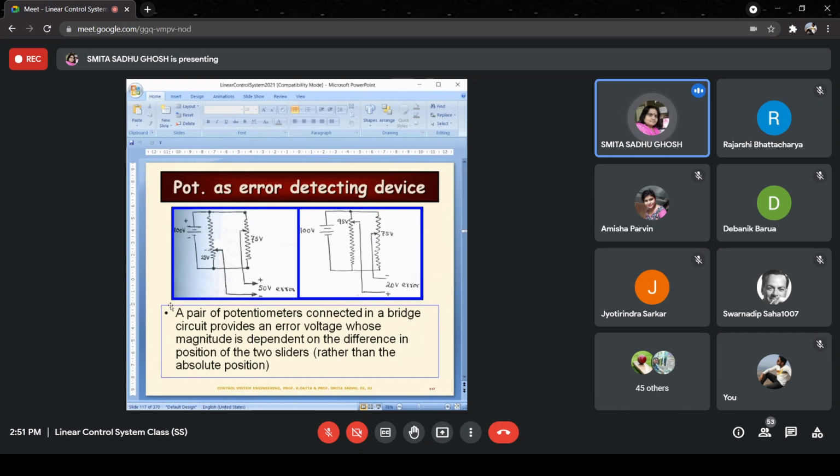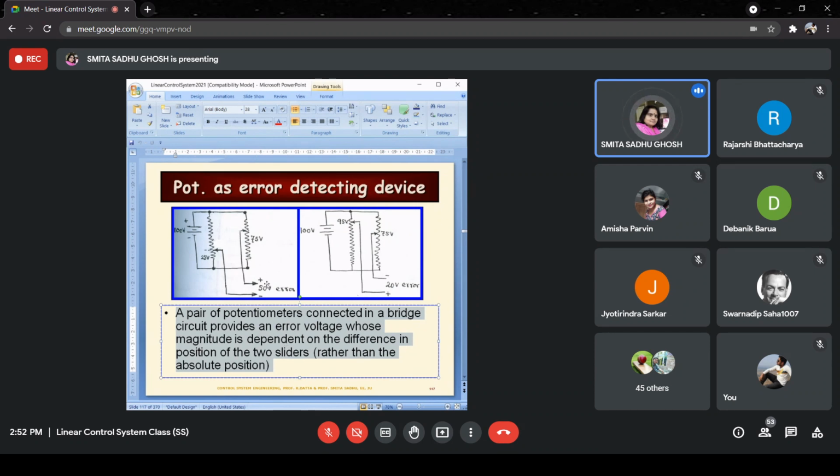So let us see what's written over here. A pair of potentiometers connected in a bridge circuit. When we say a pair of potentiometers, basically a pair of resistances connected like this, like a bridge across the same source of voltage is what we are indicating. It provides an error voltage whose magnitude is dependent on the difference in position of the two sliders.